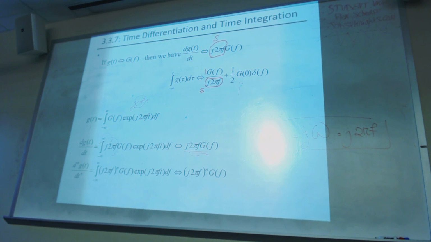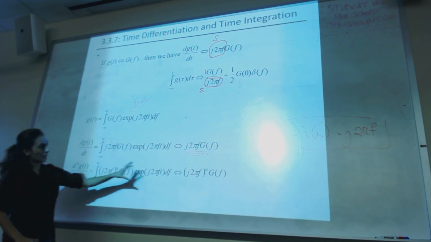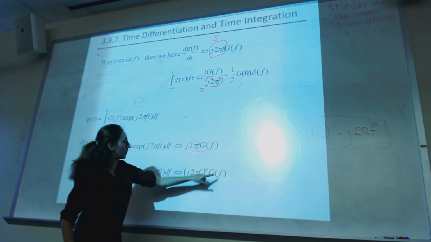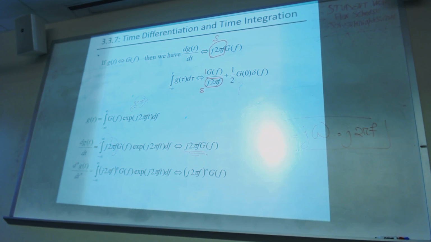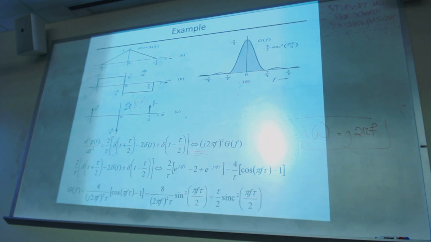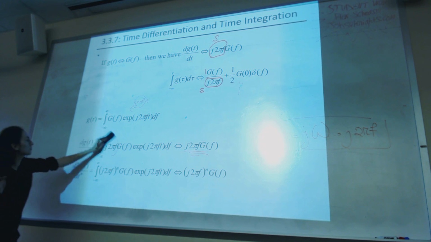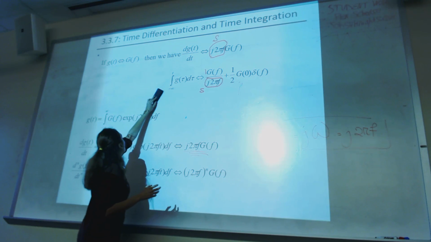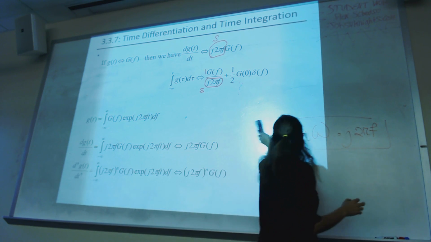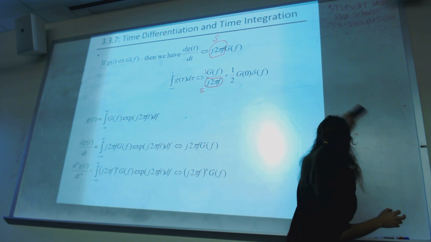Then we can extend this to multiple derivatives, second order, third order, etc. So it's just (j2πf) to the power n. Any question here? So we are learning more and more properties of the Fourier transform, and making connections with what we already know and with the mathematical formulation in practice.